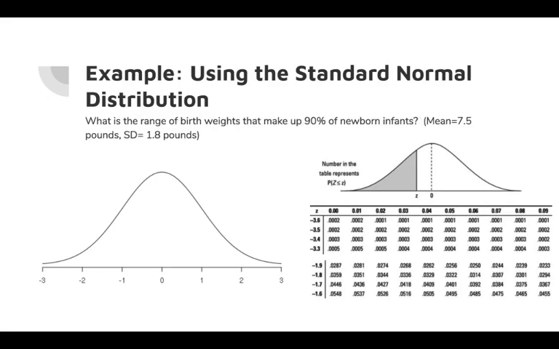The way that this works is you can look these tables up online, or there's one in the back of the textbook. Here's your standard normal, centered on 0, and we'll look at Z-scores in just a second.